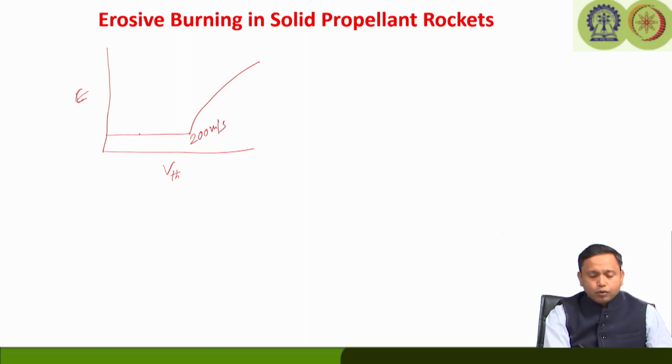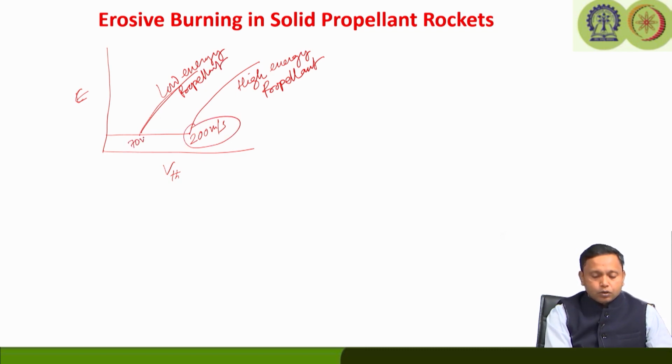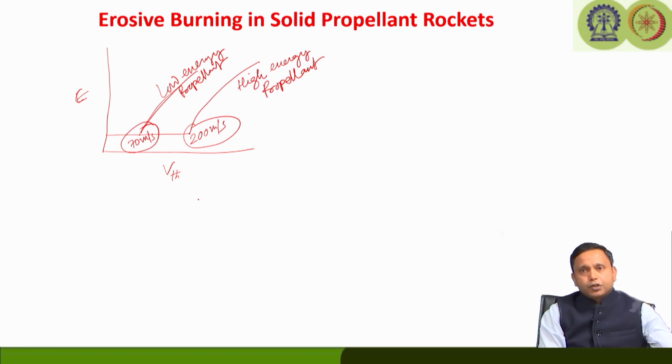This is for the high energy propellant, and this is for the low energy propellant, where the threshold velocity is much lower and erosion can happen even at 70 meter per second, as we have seen in the previous lecture.